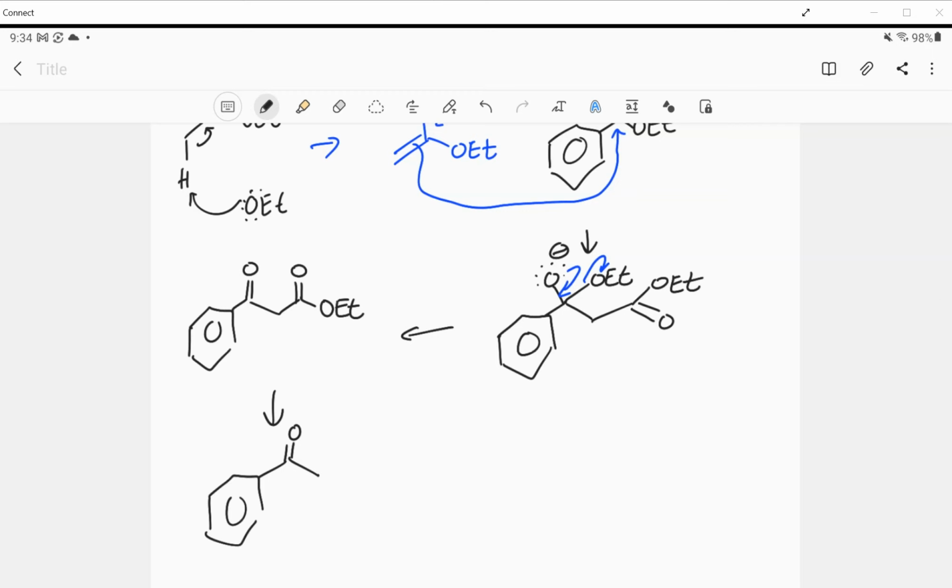How are we going to take this now keto ester and get rid of some of this stuff? How do we remove carbons in this sort of pathway? Would you do H3O plus and then heat? Yep, yeah. So you'd hydrolyze it first, right?